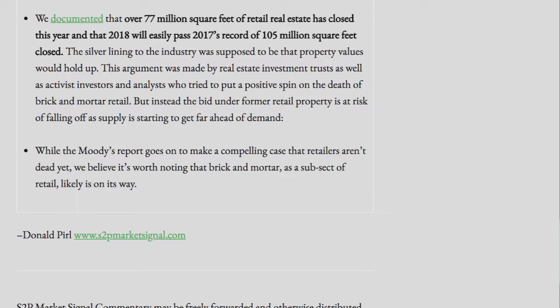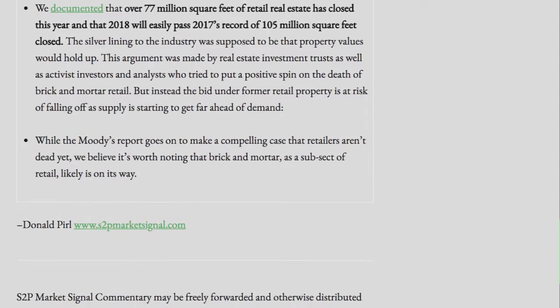The silver lining to the industry was supposed to be that property values would hold up. This argument was made by real estate investment trusts as well as activist investors and analysts who tried to put a positive spin on the death of brick and mortar retail.